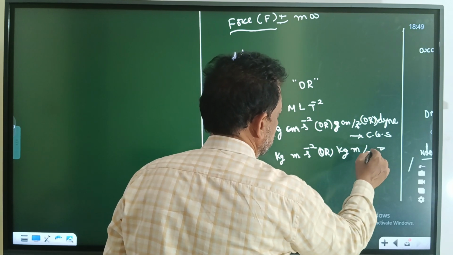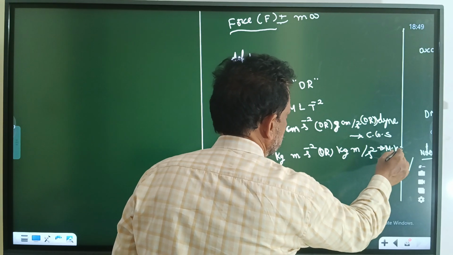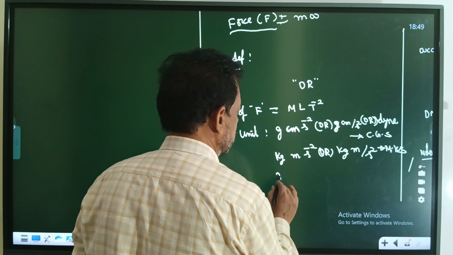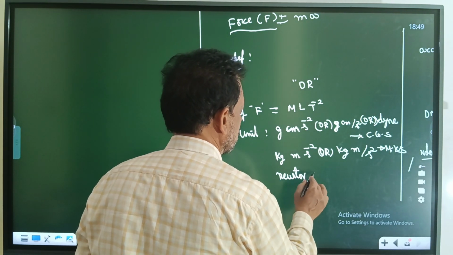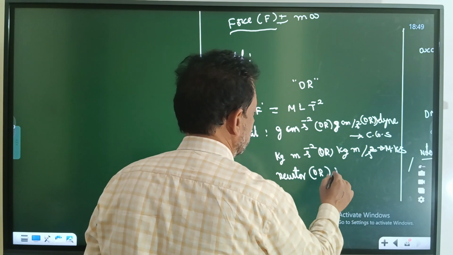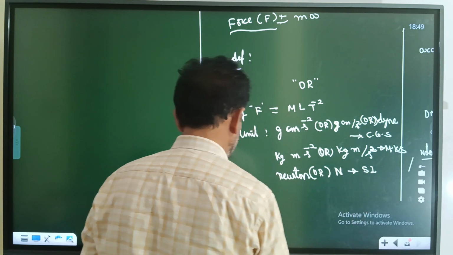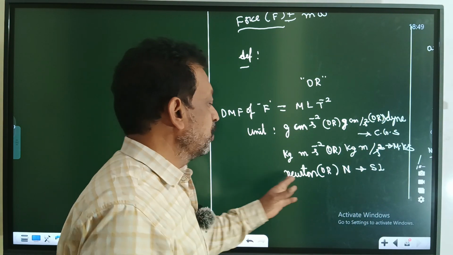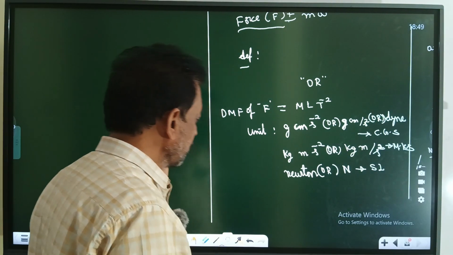In the SI system, you write the full name in small letters, newton, or the symbol in capital letter, N. For a scientist's name, the full name is written in small letters and the symbol is a capital letter.